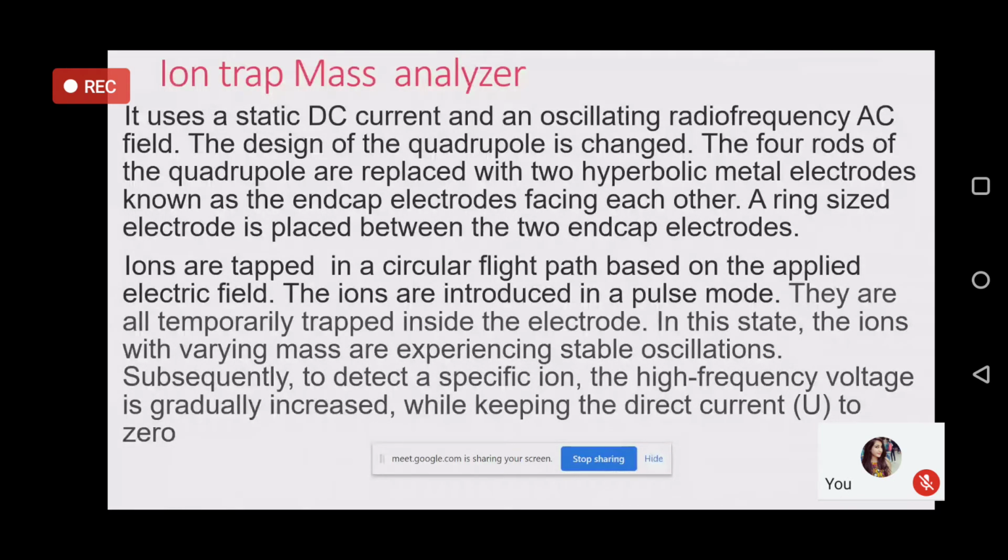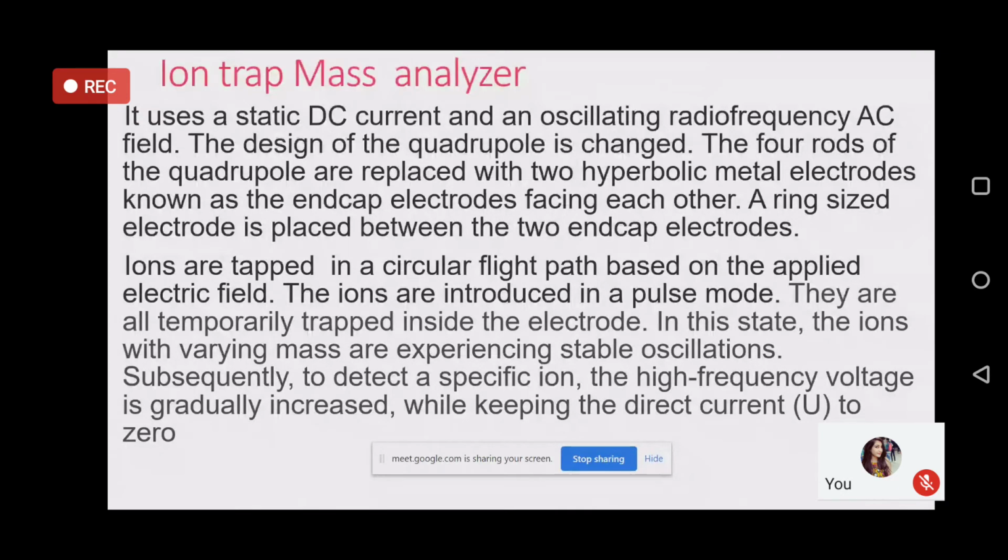How they will come out, I think those who have done the cyclotron will understand that if the radius of the path is more than the radius of the D that is used in the cyclotron, the ion beam comes out, because it no longer is able to move in that D, because the radius of the path is more than the radius of the D.